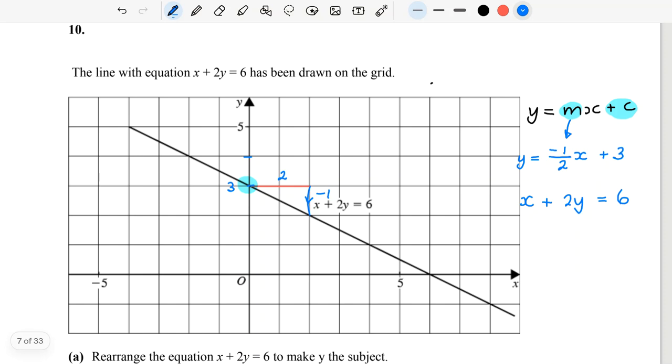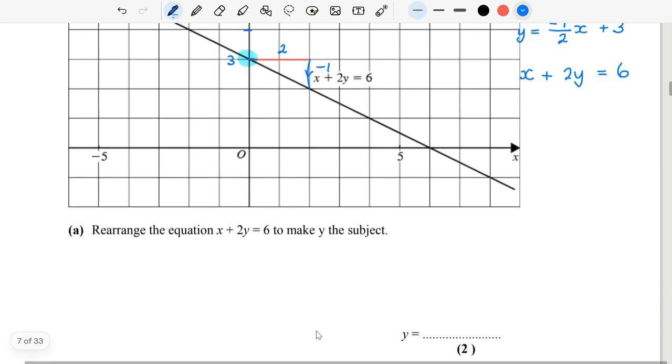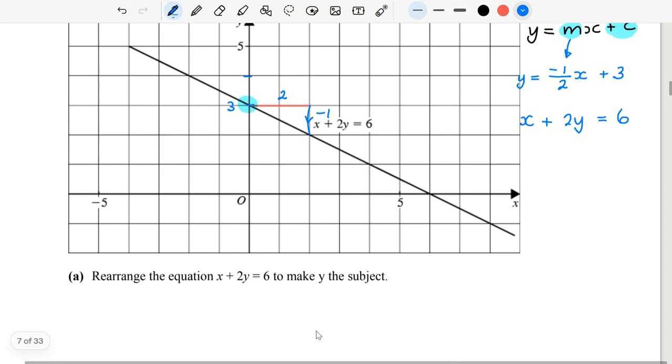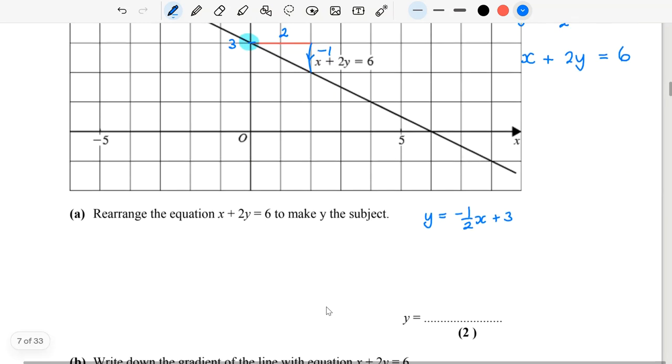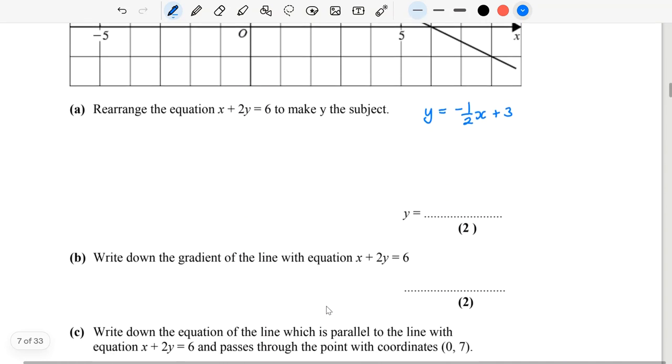So if we look at the next part of this question, it says rearrange the equation x plus 2y equals 6 to make y the subject. So we know we need it to be minus 1/2 x plus 3. That's making y the subject. But the question is, how could we do that algebraically?